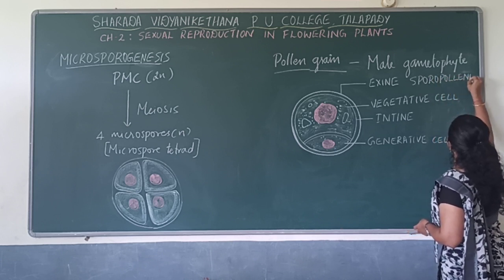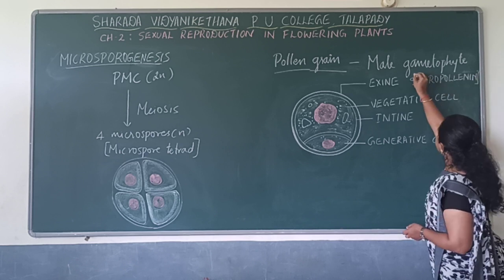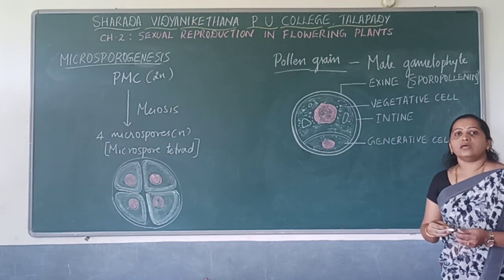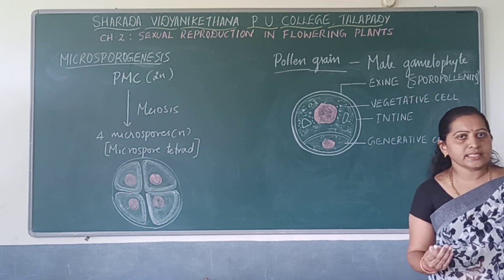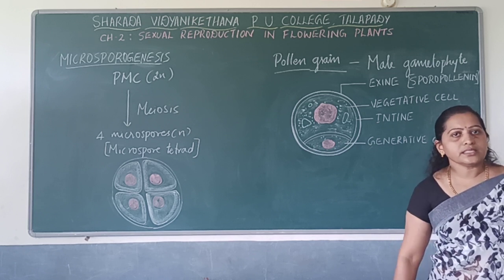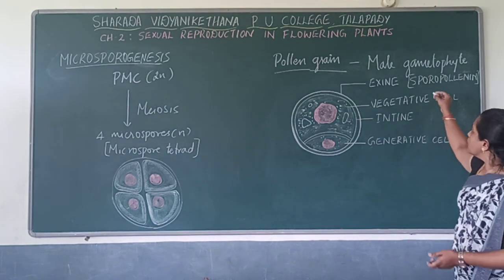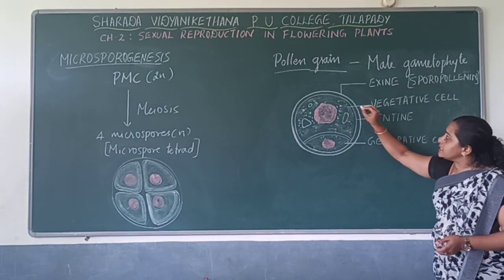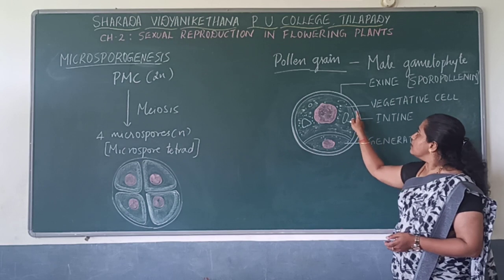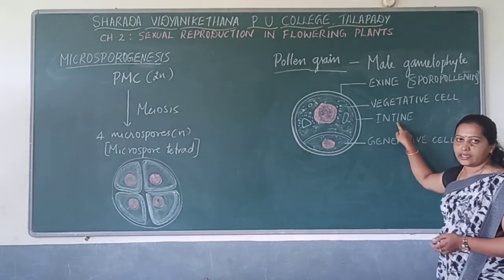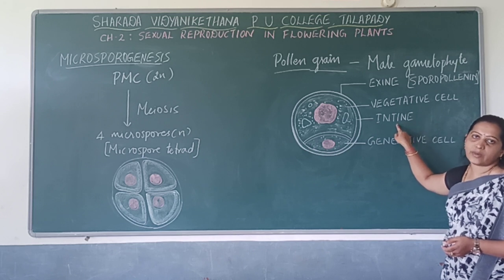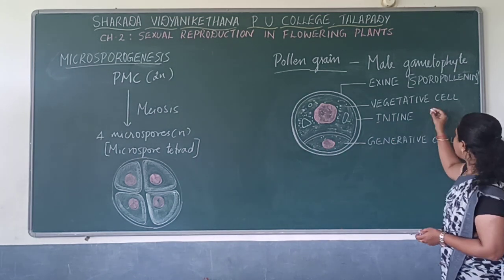This sporopollenin is an organic material that is very hard, and there are no such enzymes that can degrade it. Within the exine wall layer, there is a thin wall layer known as intine, and this intine wall layer is made up of cellulose and pectin.